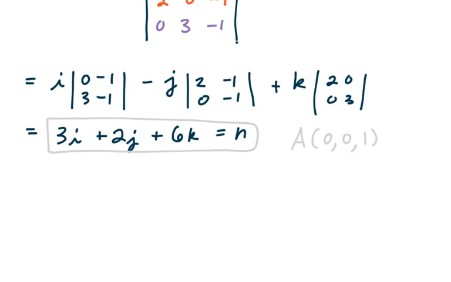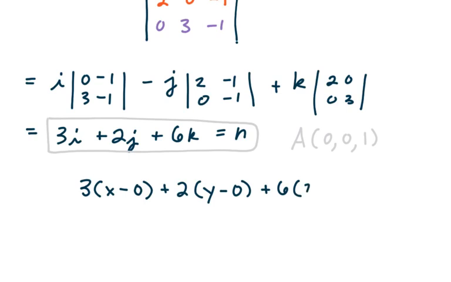So setting this up, my plane would be 3 coming from n, x minus 0 coming from my point, plus 2 from n, y minus 0 coming from my point A, and plus 6 from n, z minus 1 coming from the point, and that's equal to 0.